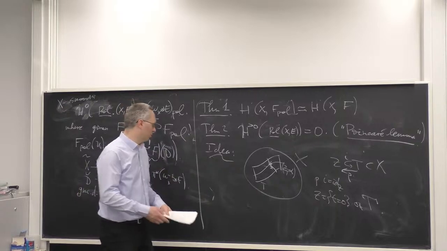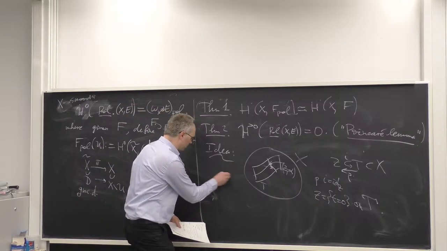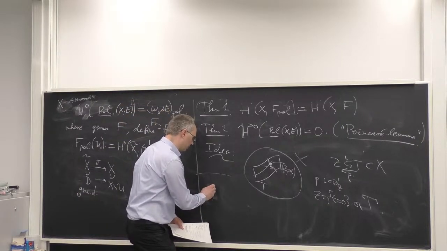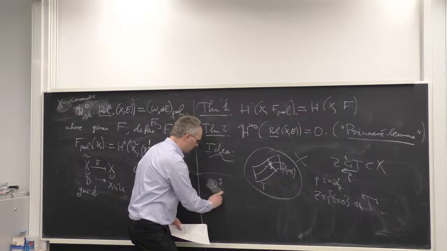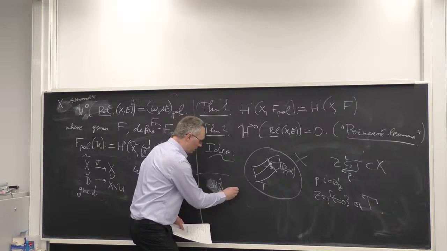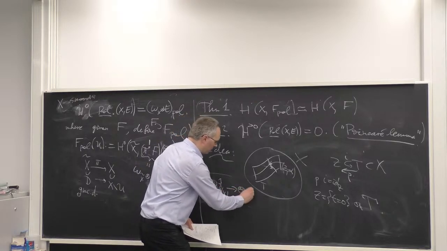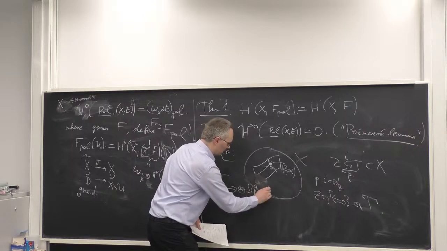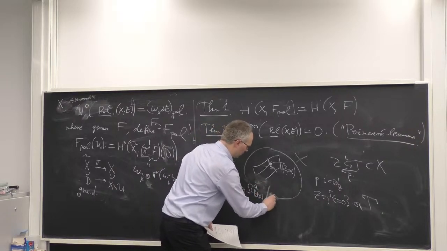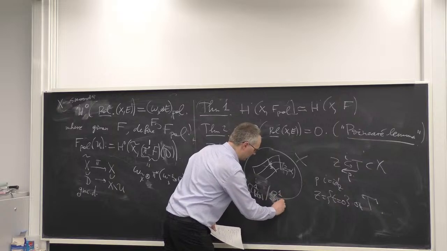For example, on a curve, your Cousin complex looks as follows. You consider all rational forms on the curve, and then you take the direct sum over quotients of rational forms over locally regular forms.